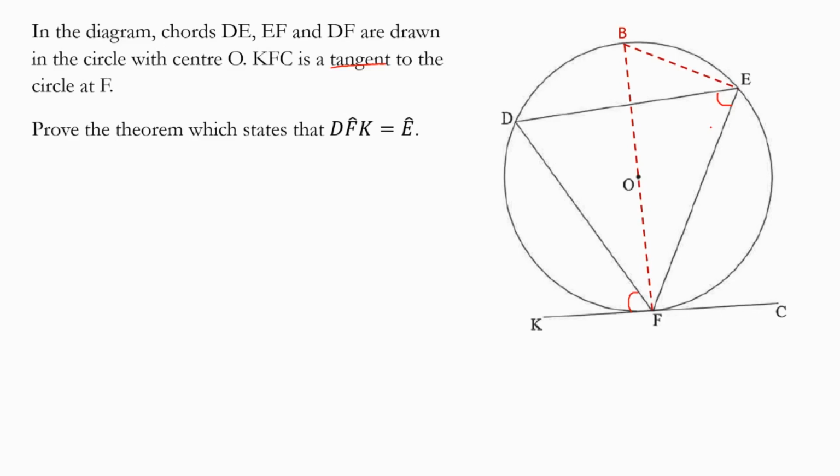So what we have here is our angle BFK. Angle BFK is equal to 90 degrees. Why? Because radius is perpendicular to tangent.